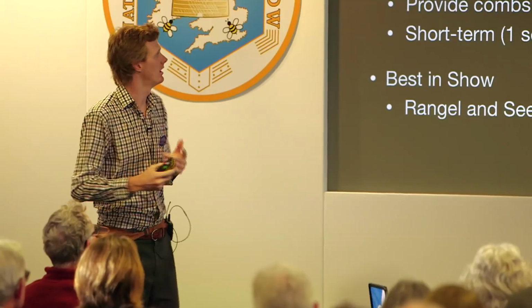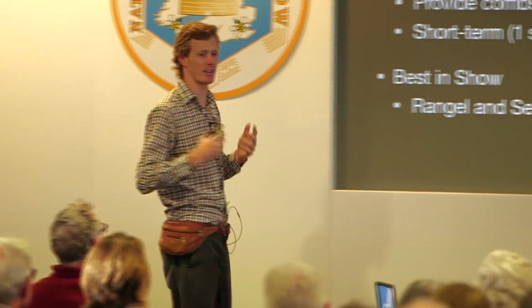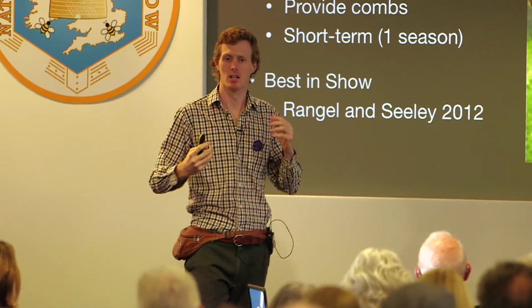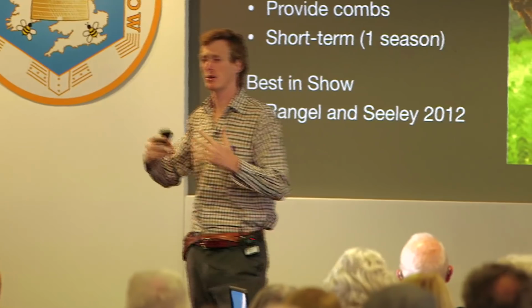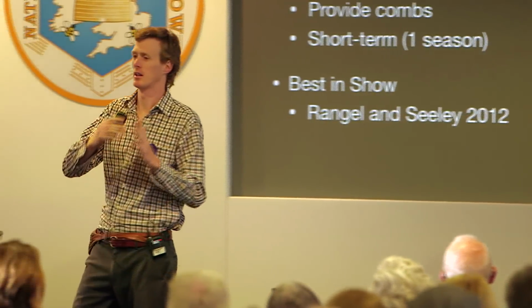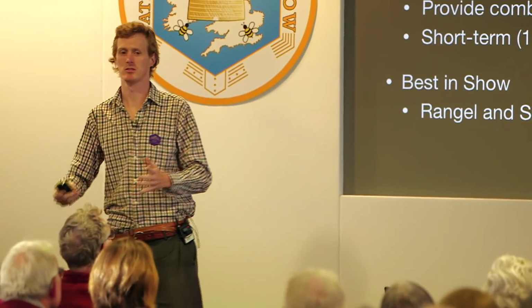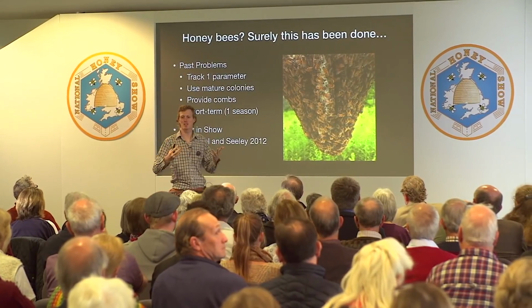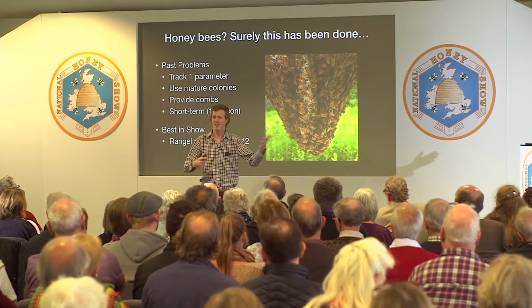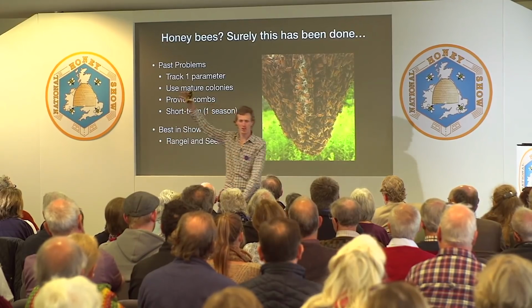But when it comes to a sociometric study, it's always had a bit too much of a human slant. Let me give an example. Someone's interested in honey production in a colony. So they say, okay, I'm going to take a colony and track how much honey it produces throughout the year. But they track it in a couple of colonies in a single area, and they don't keep track of the number of workers, and they do it in a mature colony in their very large beekeeping setup.